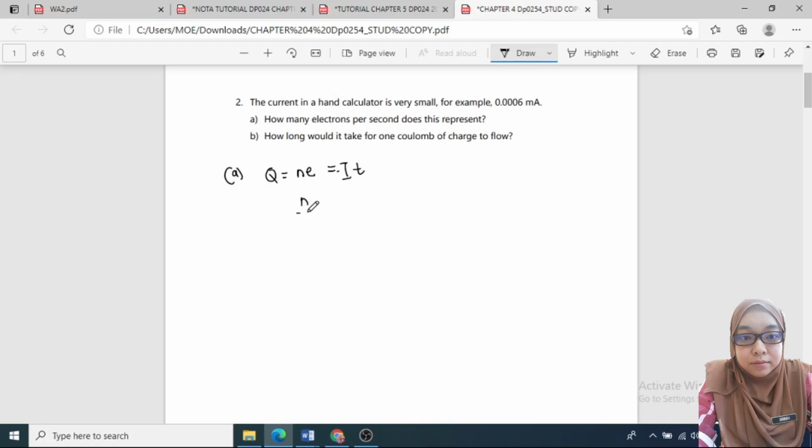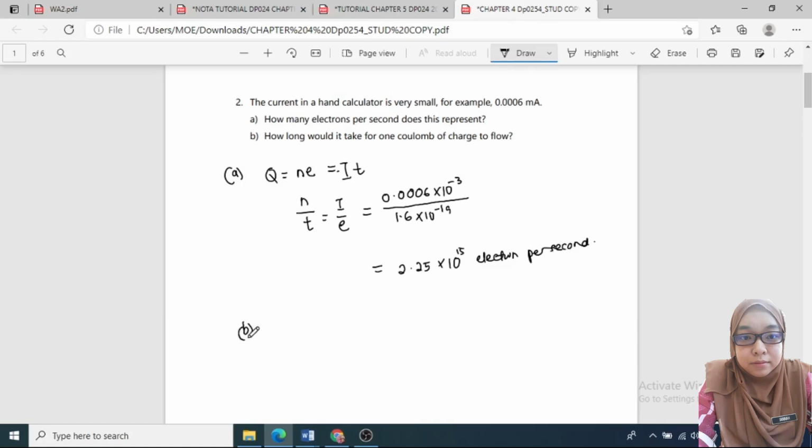So N divided by T equal to I over E. So I is 0.0006 times 10 power negative 3 divided with 1.6 times 10 power negative 19. So it is equal to 2.25 times 10 power 15 electrons per second.